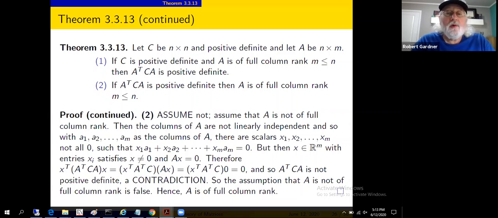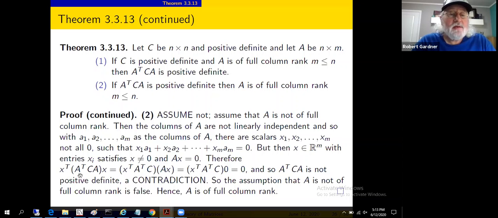We've assumed A is not of full column rank, and we are working under the hypothesis that A transpose CA is positive definite. This vector x is going to cause some problems.